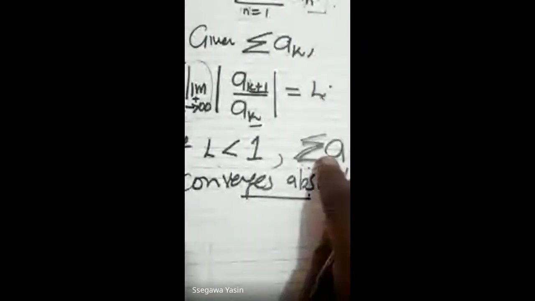Please put the word absolutely there and don't remove it. Remember, here you have picked the sequence, and then you go back to the series and say it converges absolutely. That is what you should do.